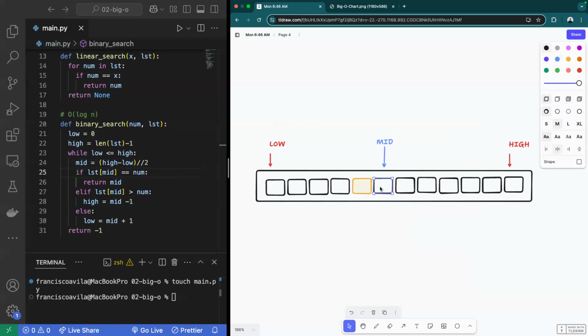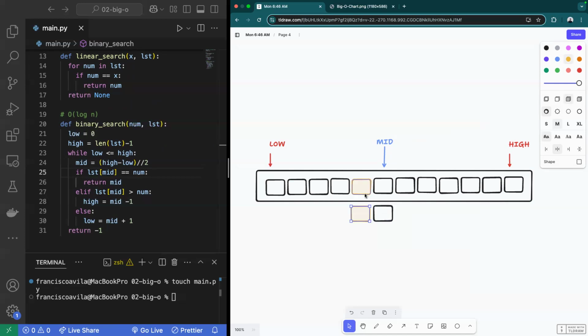So it checks the middle, and this is, of course, assuming that this list is sorted. Is this current value less than or greater than the target? So here's where our comparisons come in. It is not equal to the target, but it is greater than said target.